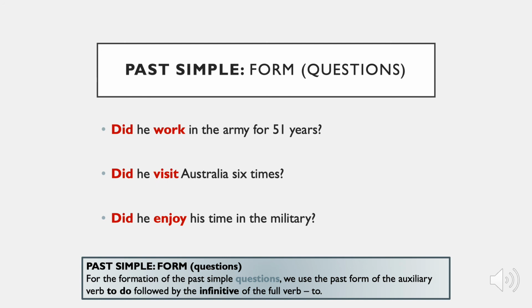So in the first sentence, that's did. Then the subject, het onderwerp. In the first sentence, it's he. And then the full verb, so work. So it becomes, did he work in the army for 51 years?